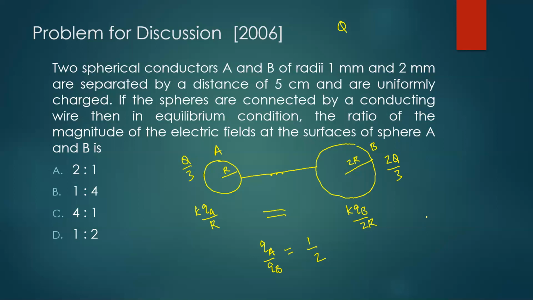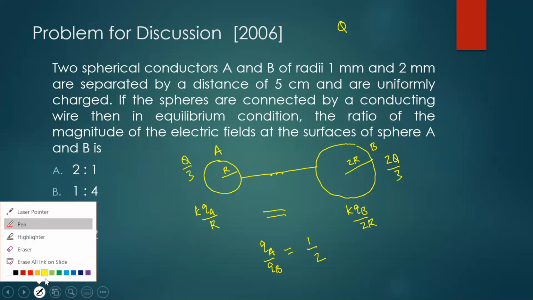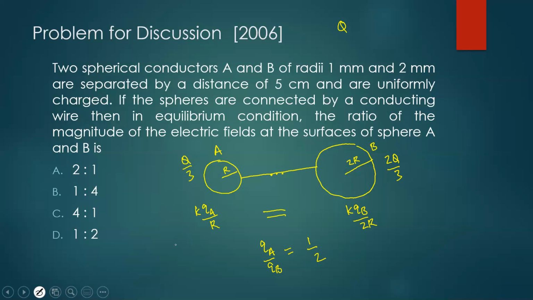Now, we don't want the potential, we want the electric field. What is the electric field at the location of A? Electric field is KQ by R square. So on A it is K, Q by 3, by R square.